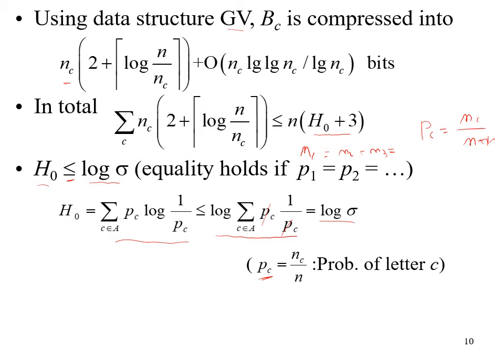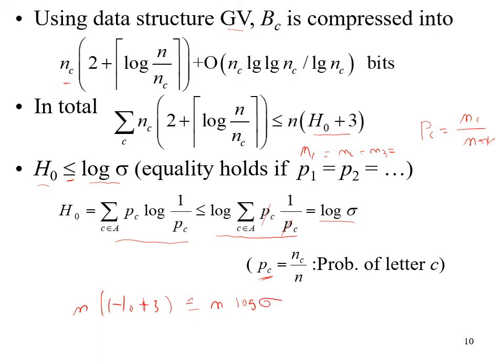Okay. So if the entropy is small, then n H0 plus 3 is smaller than n log sigma.